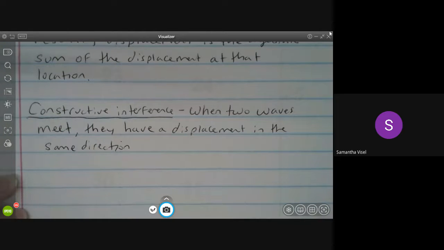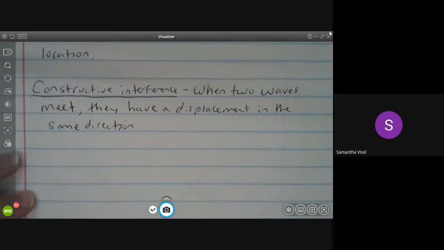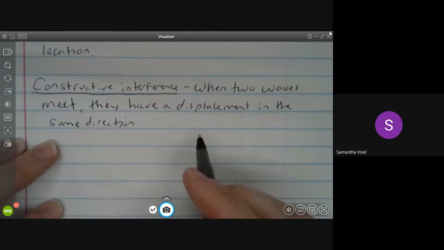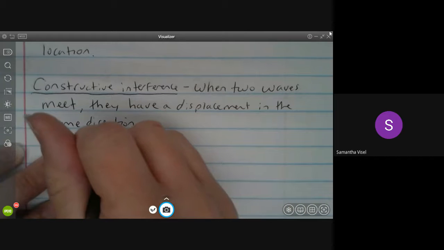So when two waves meet and they have a displacement in the same direction.